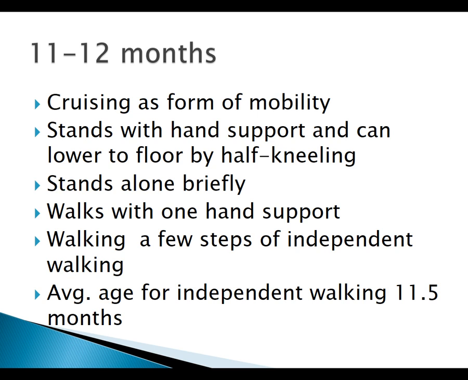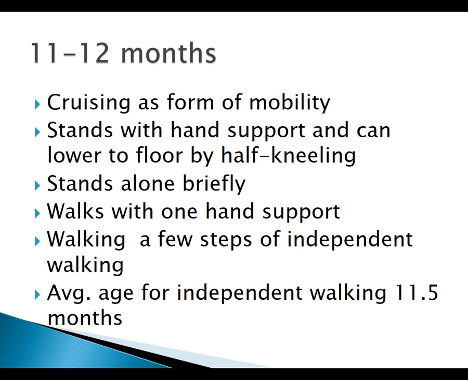So this is important. This is an average age for independent walking, around 11 and a half months. And you're going to have babies that start earlier. Some of you who have kids, your babies started walking earlier than that, and some walked later.